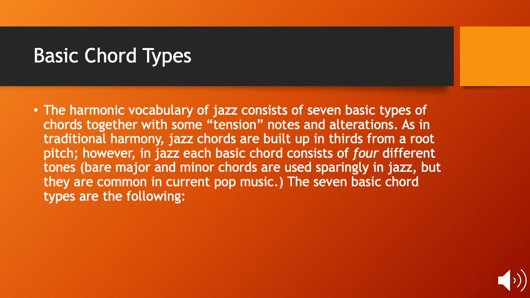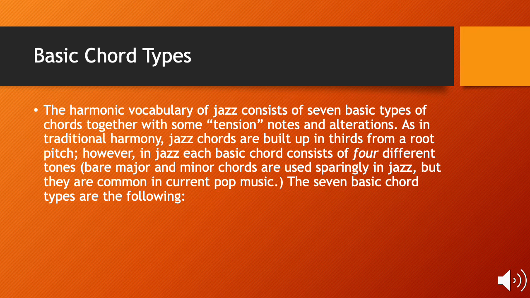Composer or arranger. Basic chord types. The harmonic vocabulary of jazz consists of 7 basic types of chords together with some tension notes and alterations. As in traditional harmony, jazz chords are built up in thirds from a root pitch.